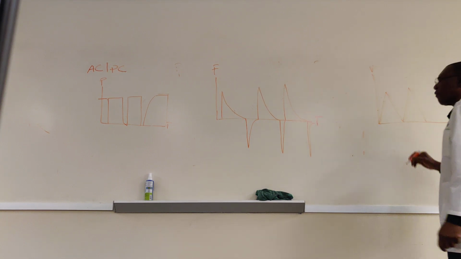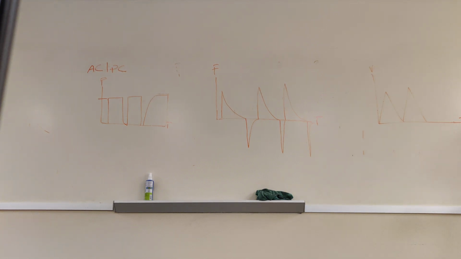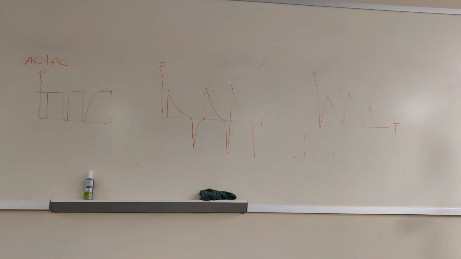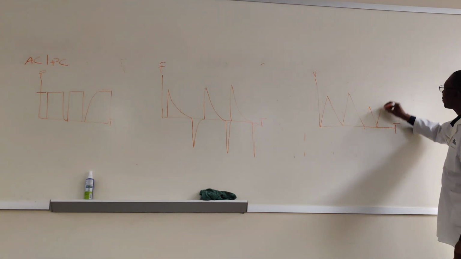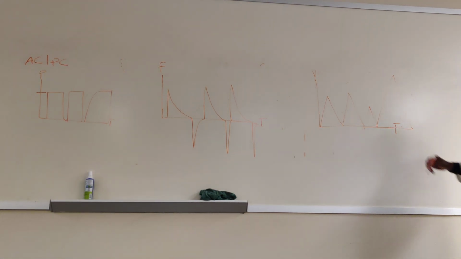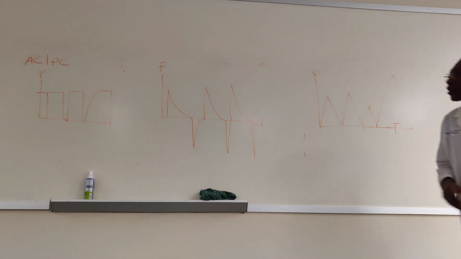If for some reason you have a decrease in lung compliance or increase in airway resistance, you're going to find out that your tidal volume will decrease like that. If you have an increase in lung compliance or decrease in airway resistance, you get a huge tidal volume like that. Other than that, the tidal volume will be very close together. Okay? Any questions about that? That's the way pressure control looks.